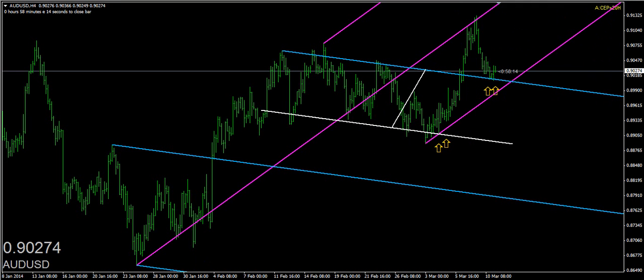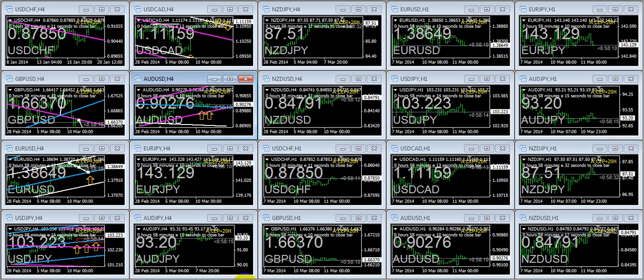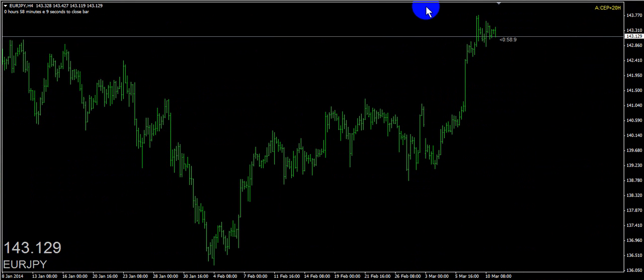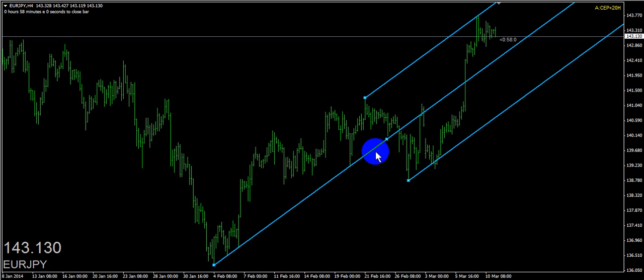The next pair, Euro Yen, 4 hour chart. So you have the low, high, low. Very similar to the Aussie dollar.